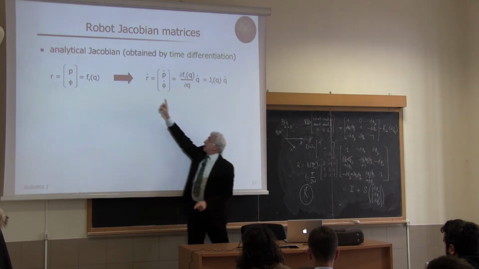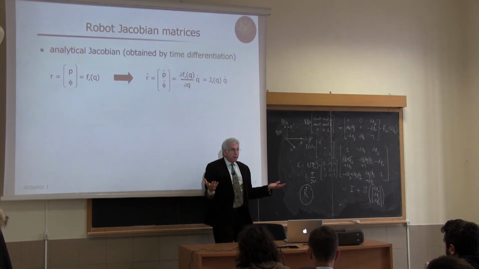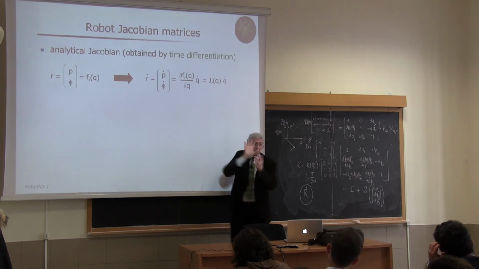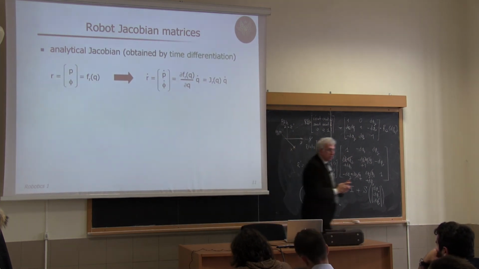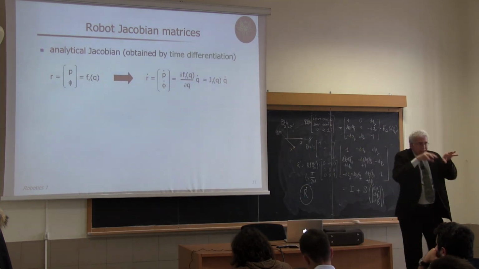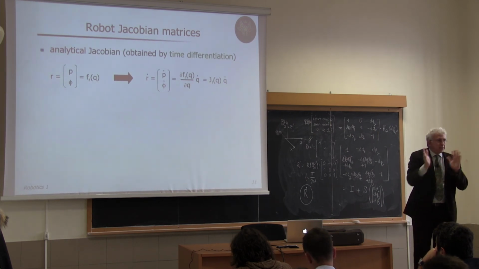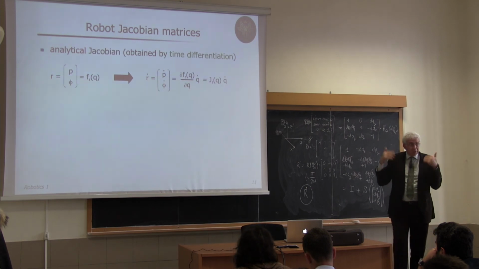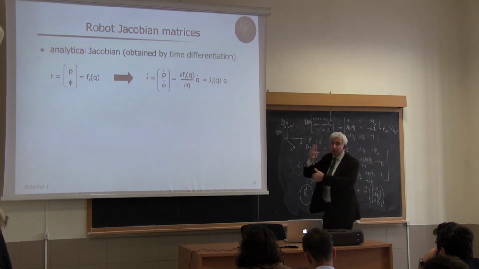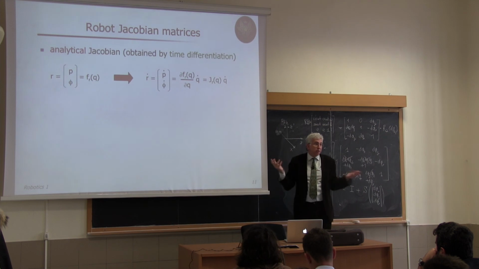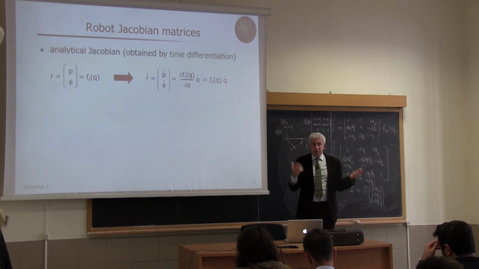Between q dot and r dot, there's a linear mapping because this matrix becomes a matrix of numbers. So all the nonlinearity is frozen inside the Jacobian, but instant by instant, it's a linear mapping. So this is very important. You can imagine that inverting this mapping is inverting a matrix, or pseudo-inverting a matrix if the matrix is not square.